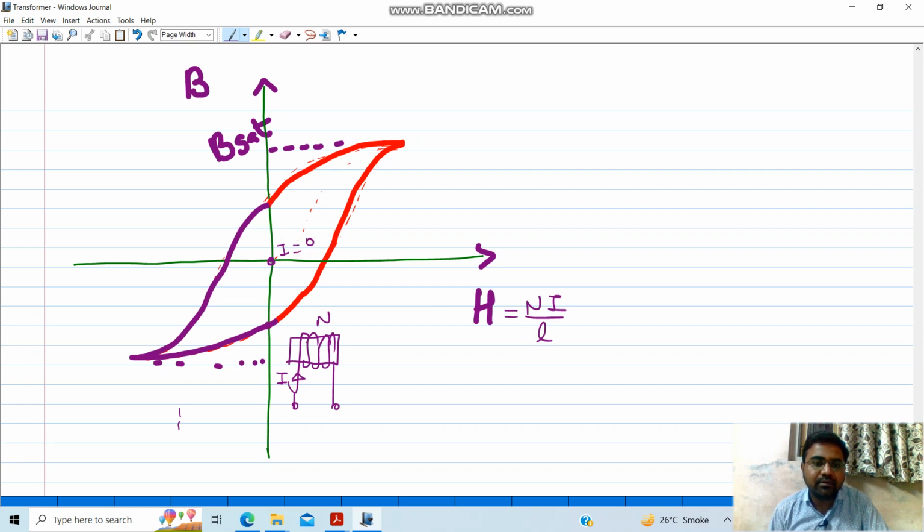At that time there will be some residual flux. If you start applying more and more current, this residual flux will approach the 0 point. So some minimum current is required in order to have 0 flux in the core. If you continue to apply current in the same direction, here at this point the flux is 0.